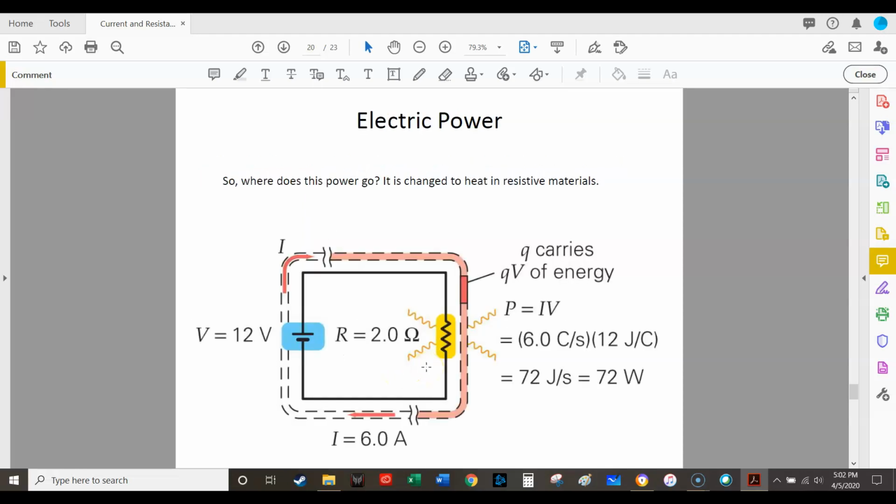Okay, so a resistor is consuming that voltage. And if you have a current, a coulombs per second, which is your amperage, so this is 6 amps, and you have a voltage, which is a joule per coulomb, well, basically this is producing 72 watts.